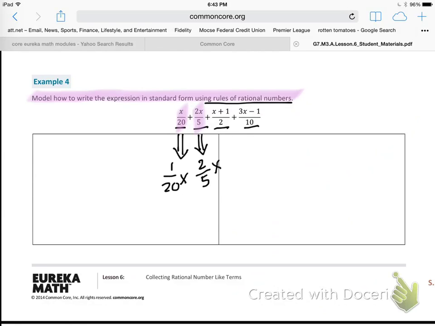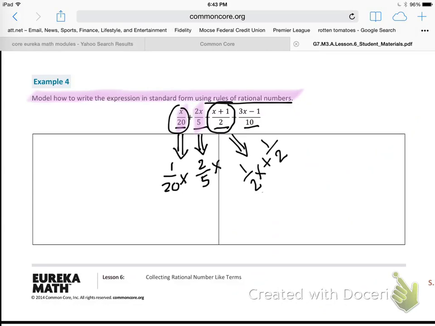Okay. Now this one here, though, x plus 1 over 2, is actually a sum, but what you can do with that is you can split that up into pieces, okay? And that could be x over 2, or as we saw over here, that could actually be 1/2 x, okay, 1/2 x, and then plus 1/2, okay?